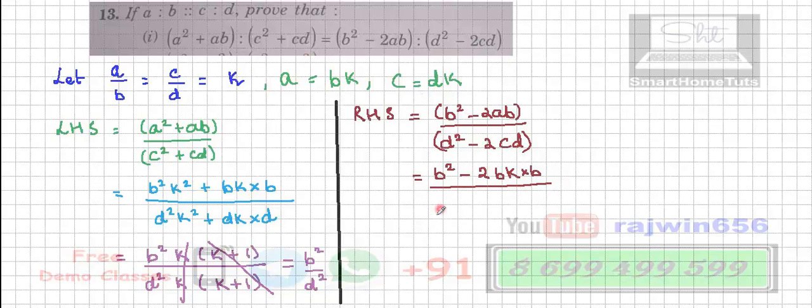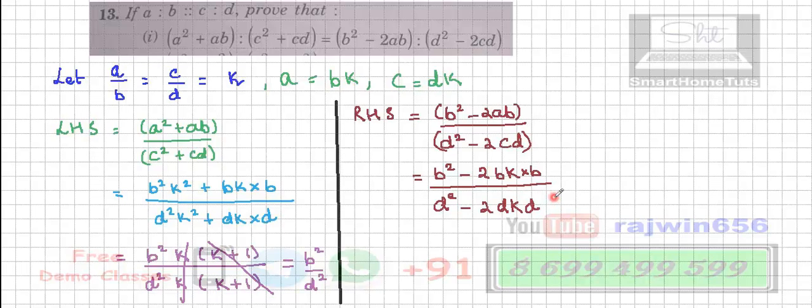D square also will remain as it is, minus 2CD. C is going to become DK and D is going to remain as it is.